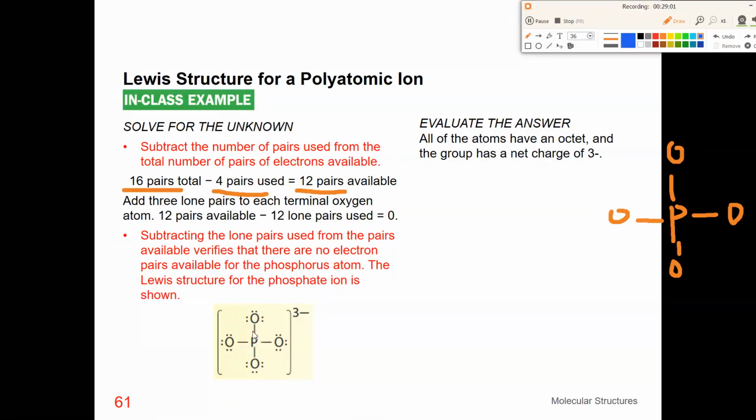Then we check central phosphorus. Each bond is 2 electrons. So 2, 4, 6, 8. So now all the 4 oxygens and central phosphorus satisfy octet. So this should be the Lewis dot structure.